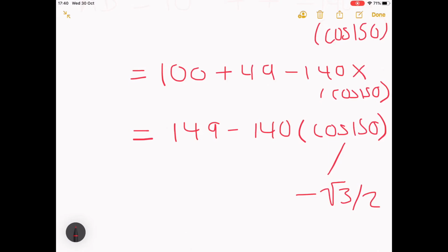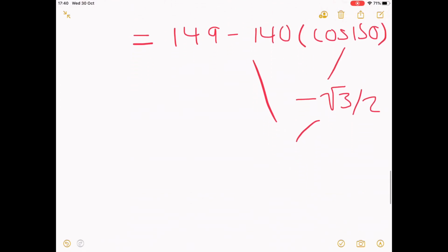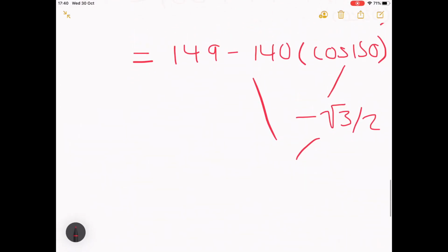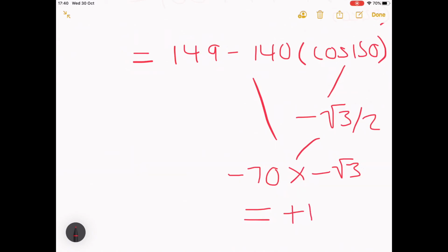Using BIDMAS, we would do minus 140 times minus root 3 divided by 2, which, if we simplify it further, we get minus 70 times minus root 3, and then we know that would be plus, and then using a calculator, you find that the answer is 121.24 to 2 decimal places.